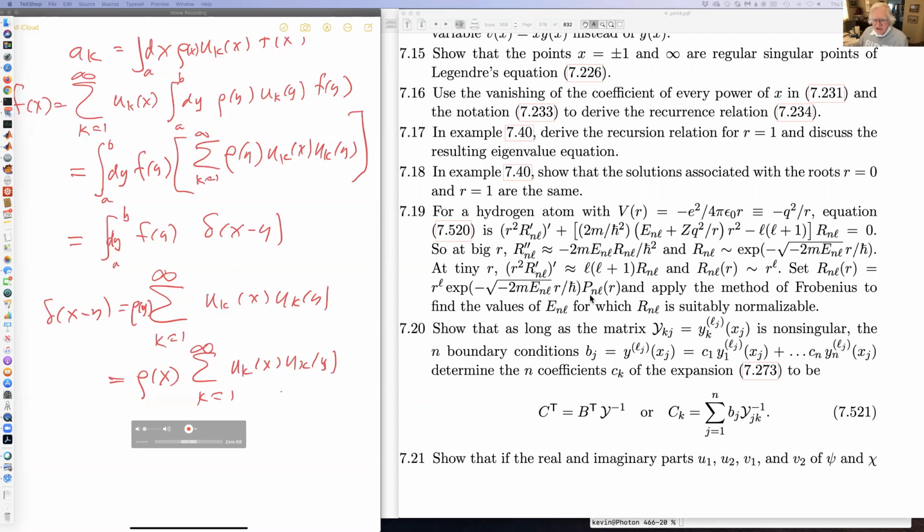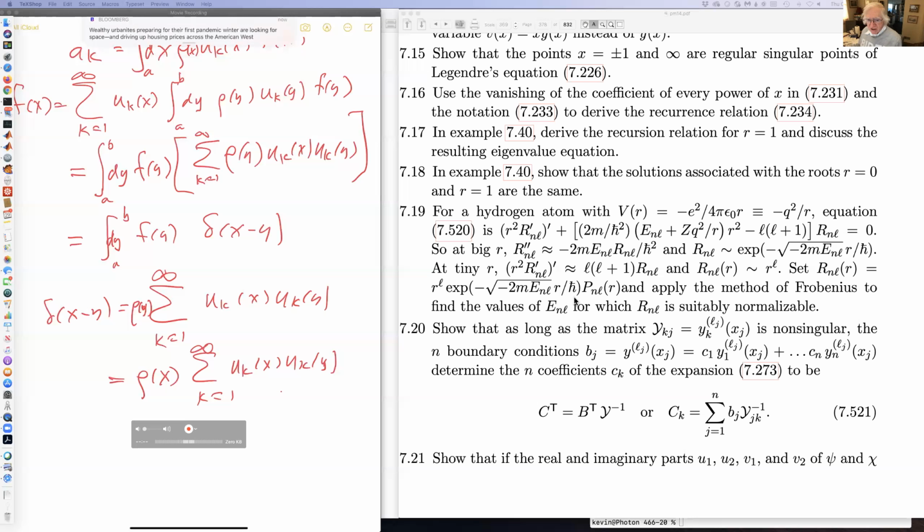Here I've just set P_nl as whatever's left after you write R_nl in this form, where you've picked out the proper behavior at 0 and the proper behavior at infinity, and what's left should be a suitable function, and now you apply Frobenius to find the eigenvalues.